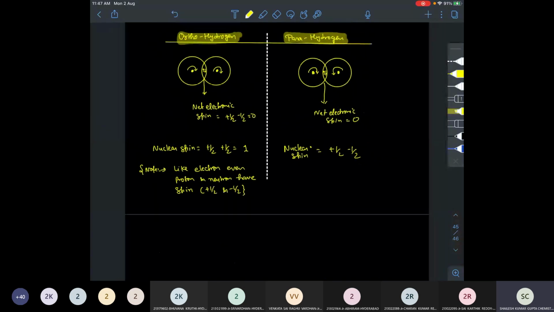Now many questions will arise in this. Sir, suppose if we are able to isolate those isomers, will there be any difference in property, the way we have seen for the isotopes? Will there be any difference in property?